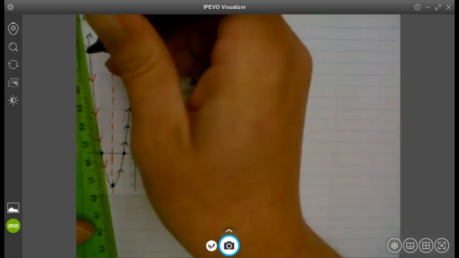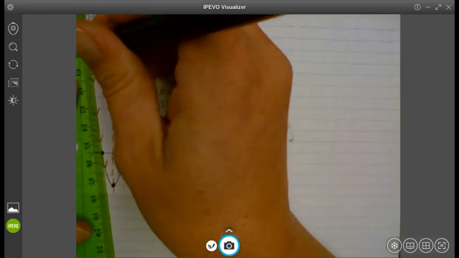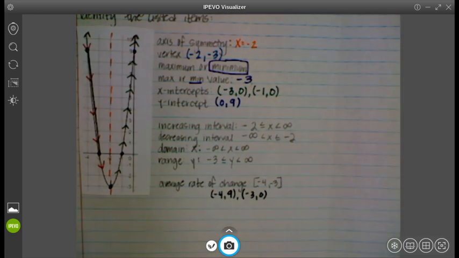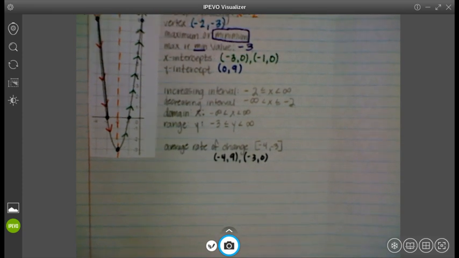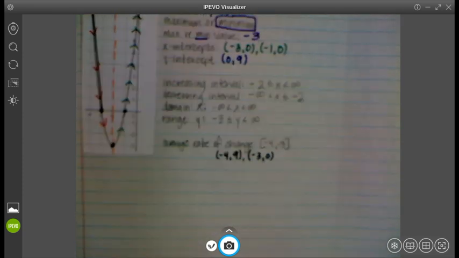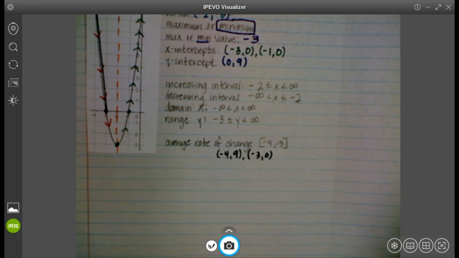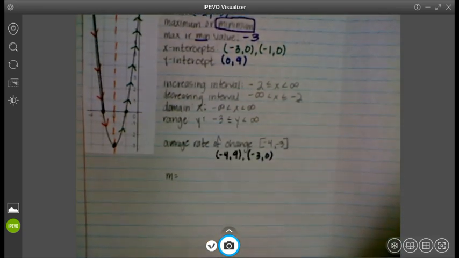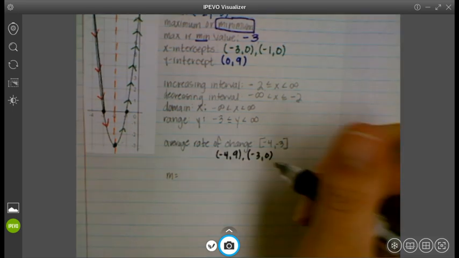Now, if I draw a line between those two points, notice that that line is decreasing, which means that we should have a negative average rate of change or average slope when we work through this. So we use our slope formula, y2 minus y1 over x2 minus x1.